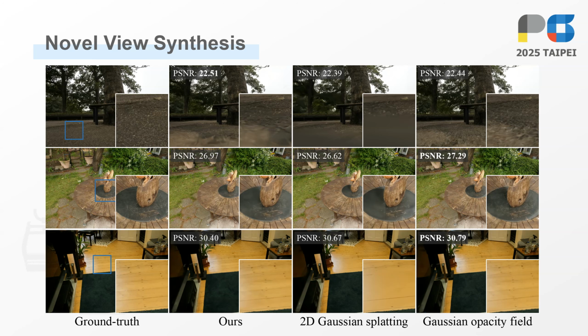We have also evaluated the performance of our method on novel view synthesis. On the Mip-NeRF 360 dataset, our approach achieves comparable overall metrics to 2D GS. Additionally, we observe that our method demonstrates better accuracy in reconstructing planar regions.